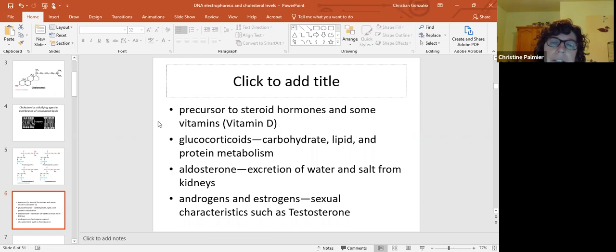It's also for aldosterone, excretion of water and salt from the kidneys, and is responsible for sexual characteristics such as testosterone.